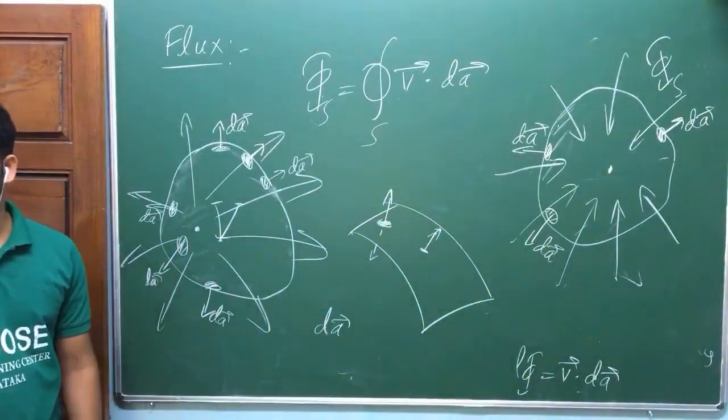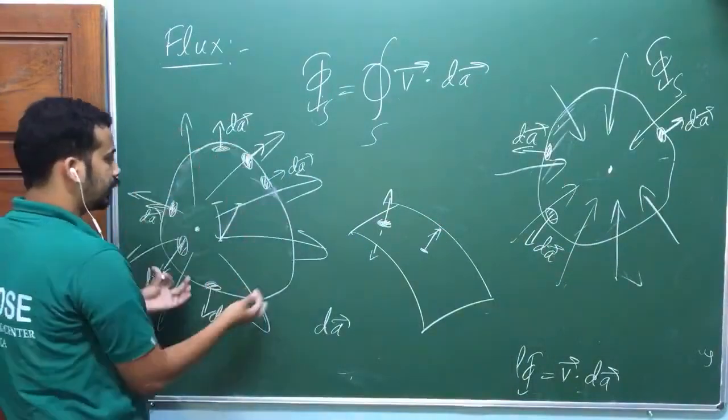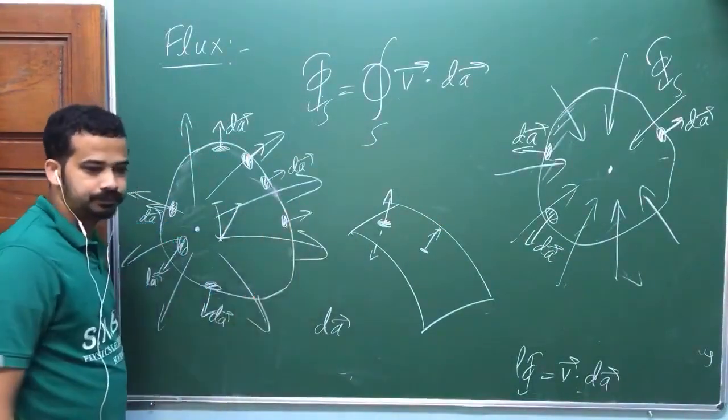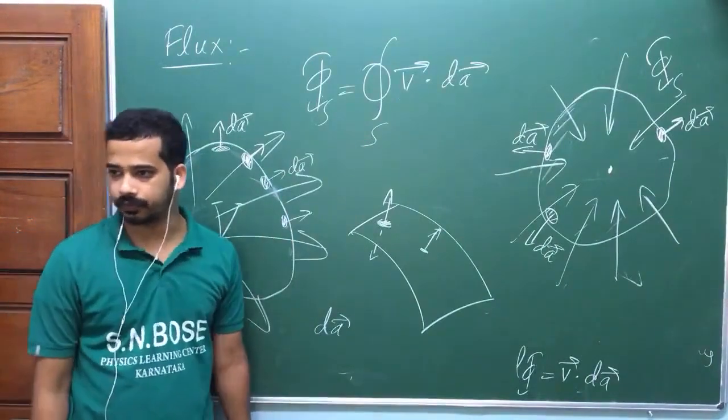Is that okay? This is a closed volume, this is a region. We choose the dA vector outward. Is that okay? That's the convention.